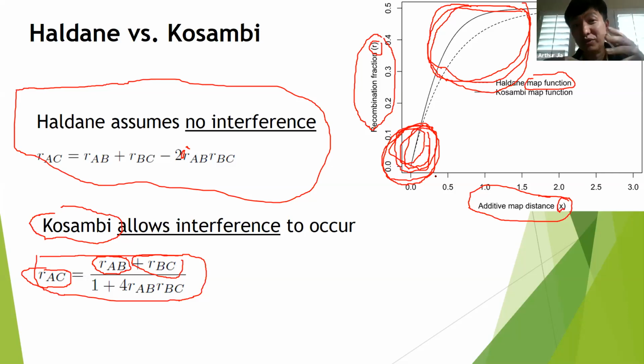In the future, if you do research and need to use this kind of map function, you can choose some other version based on your research situation. For example, you can consider the hotspot. Did I answer your question? Okay. Any other questions?